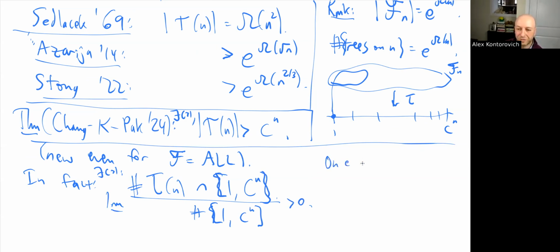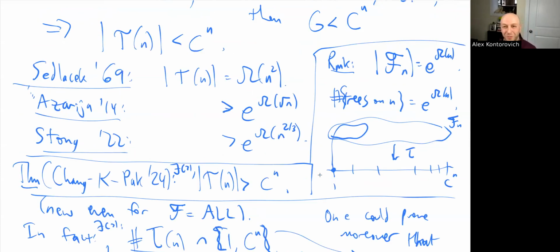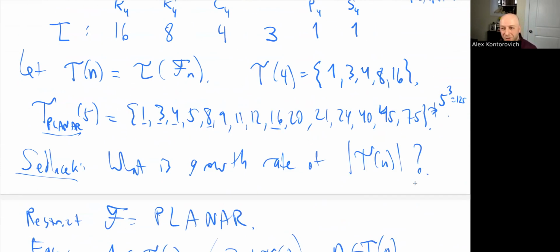And in fact, you could do even more. One could prove, moreover, that there's a range for which this limit actually is 1. So in other words, 100% of numbers, you start to see this a little bit here. So the tail gets sparse, but at the beginning, the farther and farther out you go, there's an exponentially large range where it seems like almost every number is occurring.